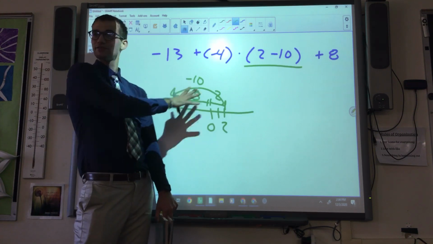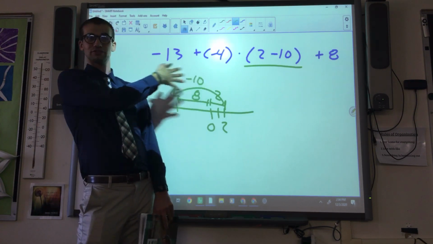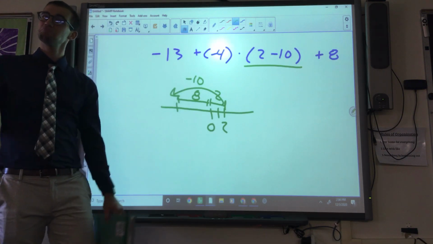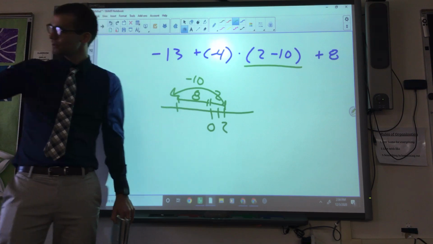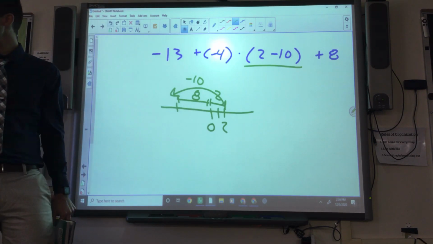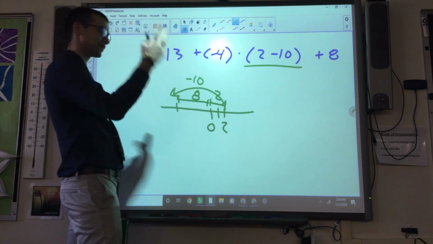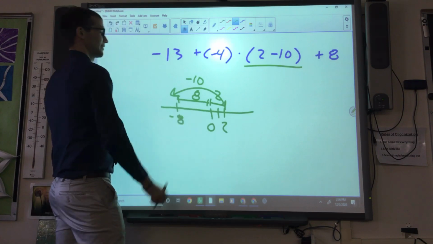If you can get this to work and understand what it does in terms of number line without me doing that, then I don't need the number line. Good. But if we're going to say that 2 minus 10 is 8, when that's really 10 minus 2, then that's not going to work for me.